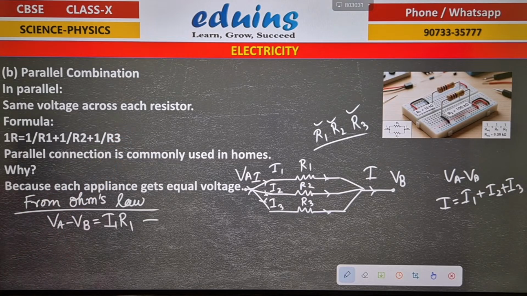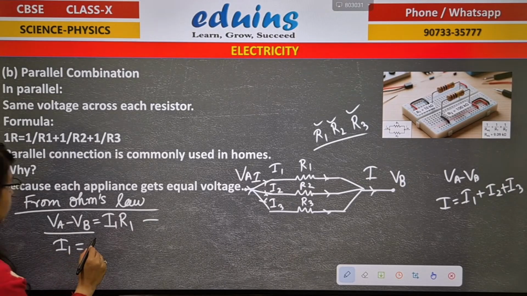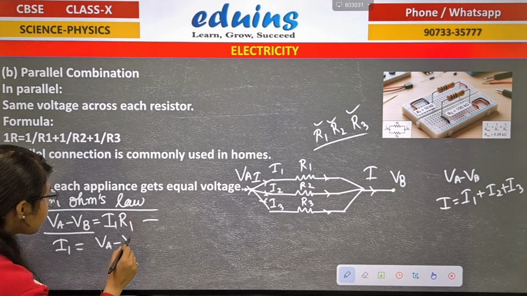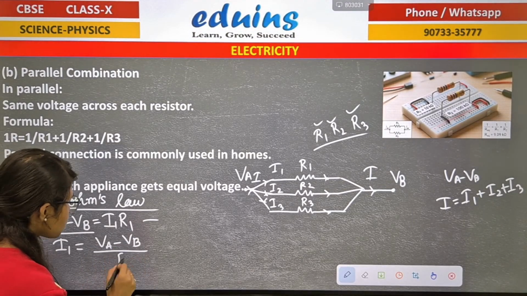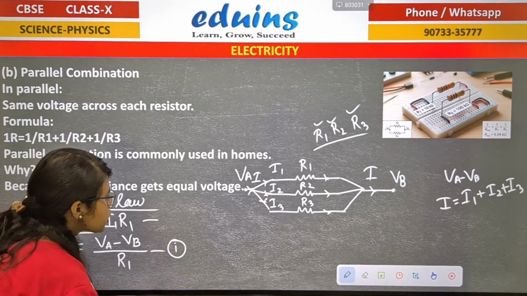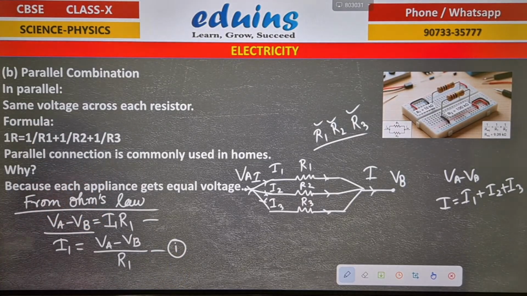So I1 is equal to VA minus VB by R1. We can take this as equation number 1.